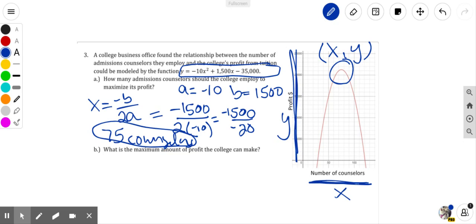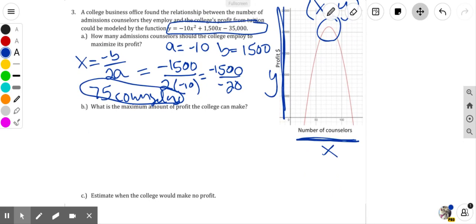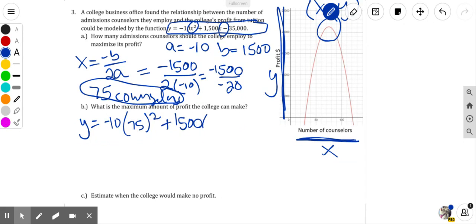And so then part B is asking, what is the maximum profit? So basically we want to know, if 75 is the number of counselors to give us the maximum profit, how much will they make if they employ 75 counselors? So you're going to take 75 and plug it in for X here and here. So we're going to have Y equals negative 10 times 75 squared plus 1500 times 75 minus 35,000.